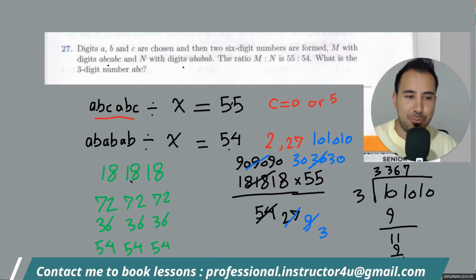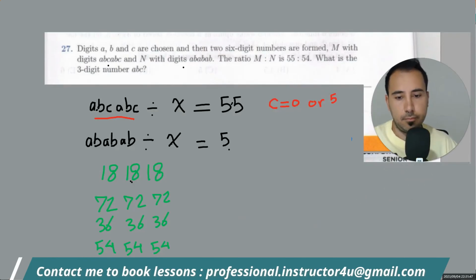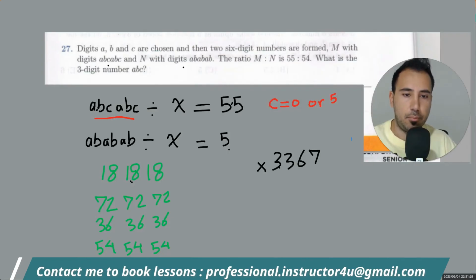Now we have to multiply 3, 3, 6, 7 by 55. Okay, let's go. 3, 3, 6, 7 by 55.